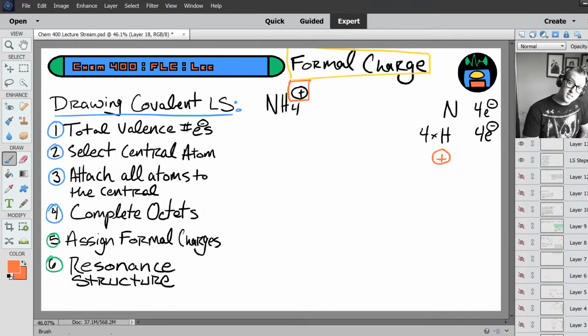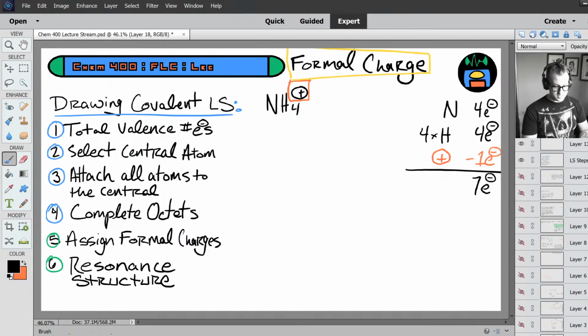So for every positive charge you have, you need to subtract 1 electron from your total count. Sorry, nitrogen does not have 4 valence electrons. If you look at the periodic table, it has 5. So 5 plus 4 is 9, minus 1 is 8. We have 8 valence electrons.